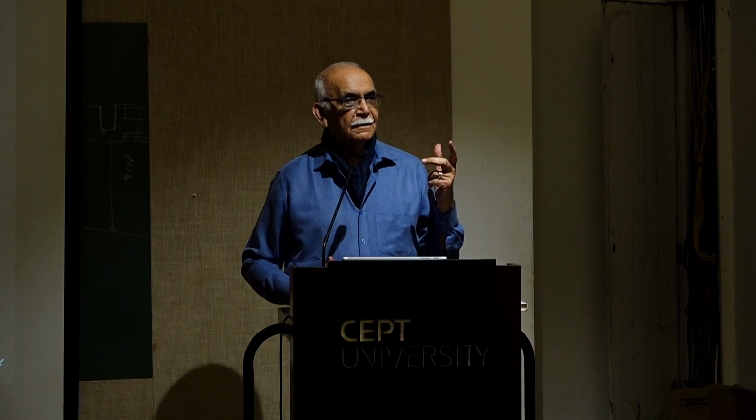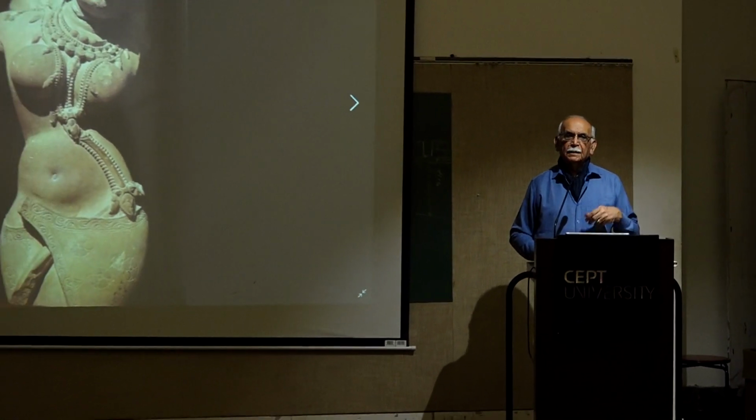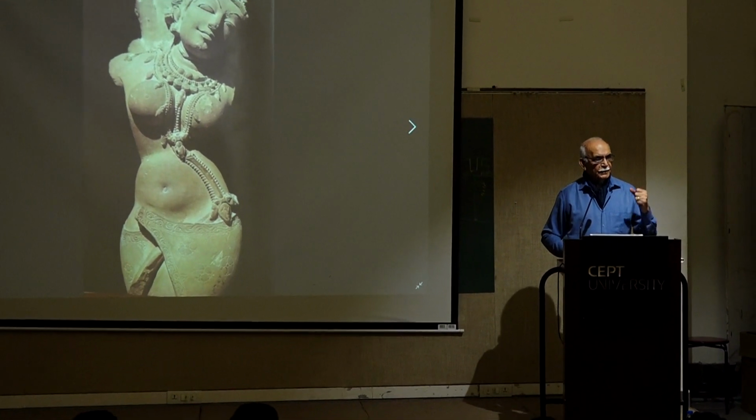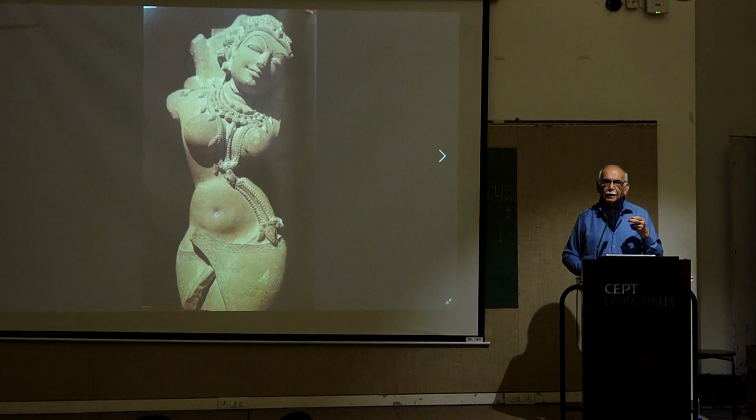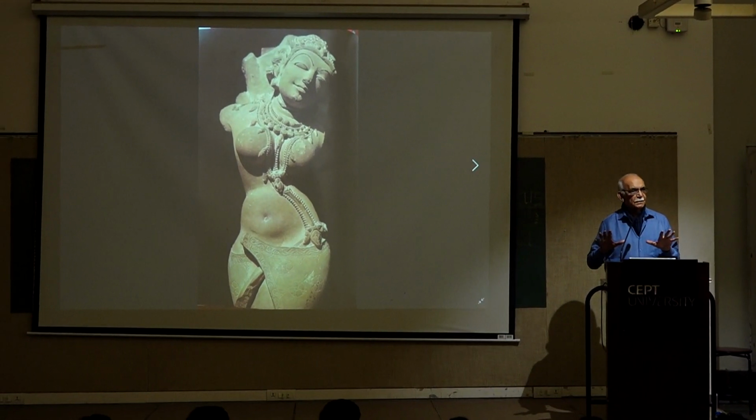The sentiment of love, erotic, like this one here. Then the second one, Hasya, the comic sentiment. Then, of course, the sentiment of empathy, sympathy with somebody, of valor, of courage, of wonder.